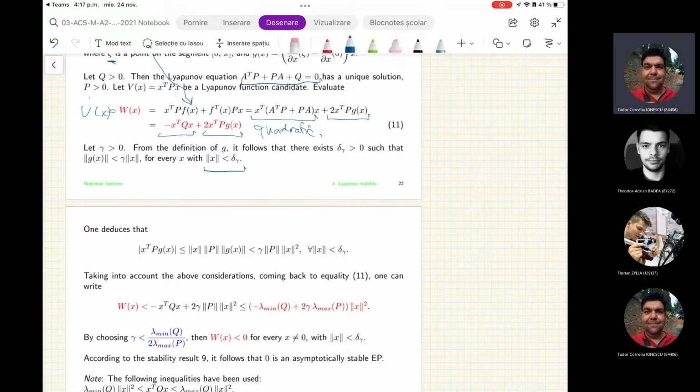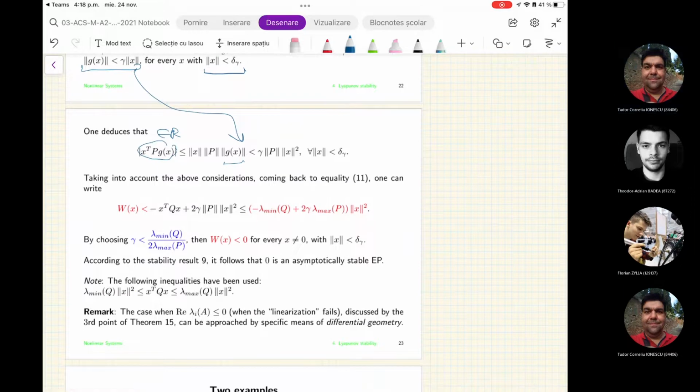That's why you take the absolute value. This guy is a real quantity. So you take this relation and you substitute it here, and you can have that the absolute value of this function is upper bounded by this guy.